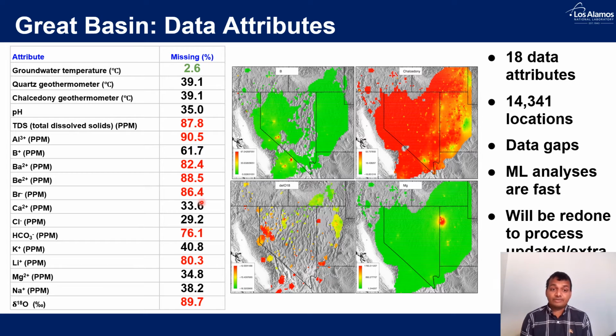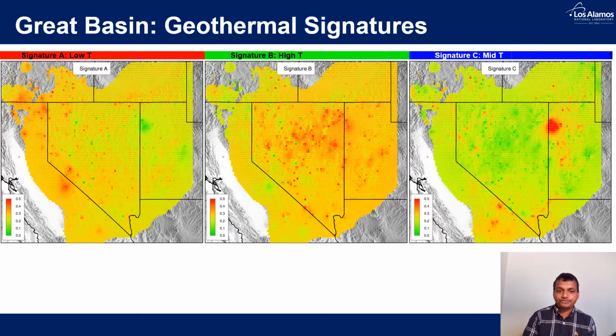Every attribute contains some missing percentage, and some have more than 75% missing. We had to deal with this, and so this is a very good demonstration of the capability of our tool: it can handle large datasets and sparse datasets, and also generate continuous distributions.